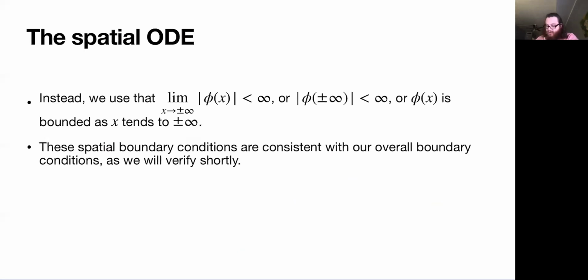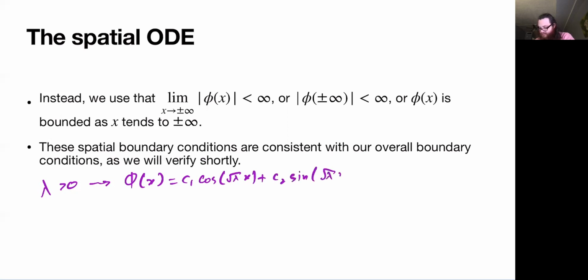Oh, and one thing I'll note is that if we go back, for example, if lambda's positive, then phi of x was C1 cosine of root lambda x plus C2 sine of root lambda x.